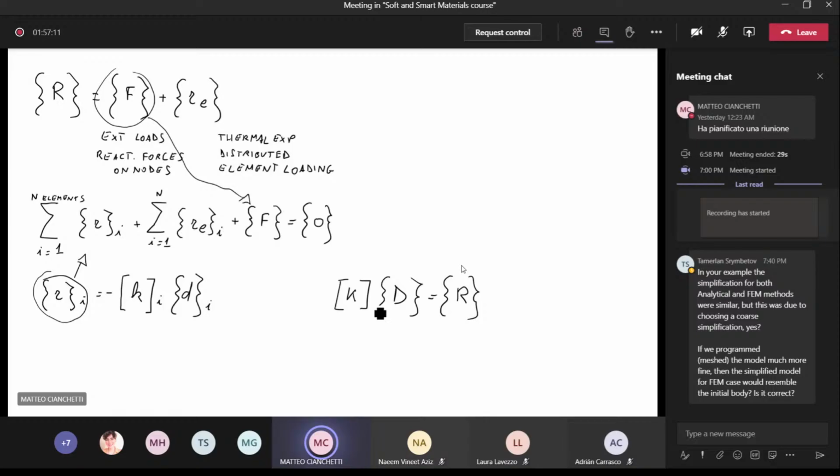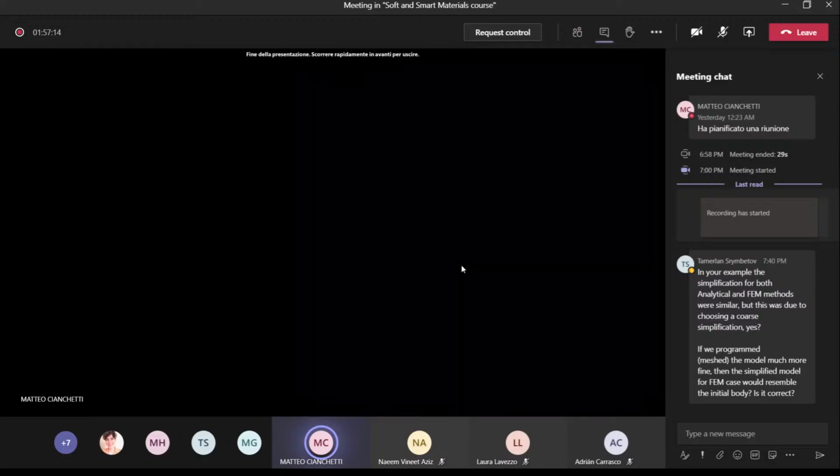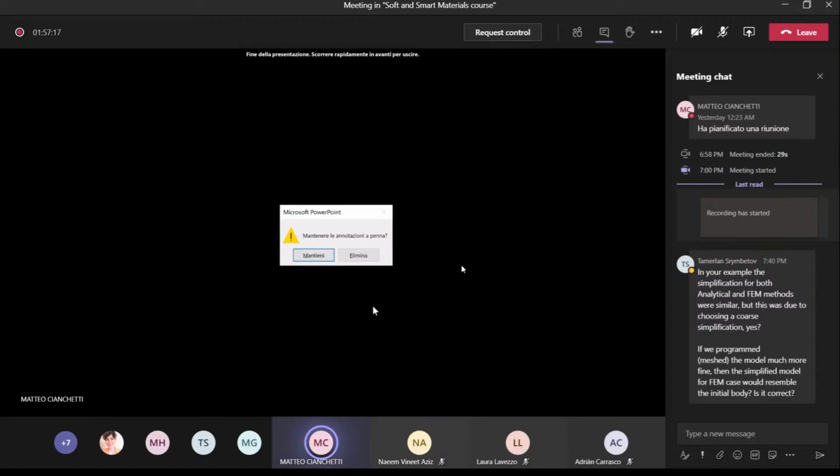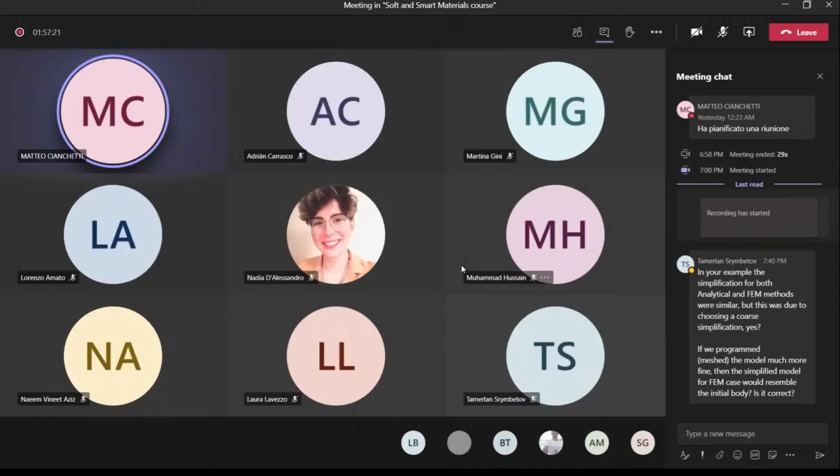So K, the global stiffness matrix, capital letter K, can be seen as the sum of all the Ki. So all the contributions.